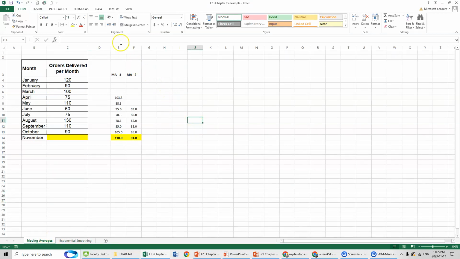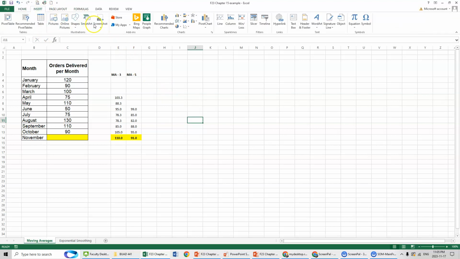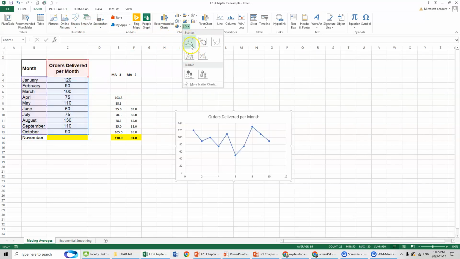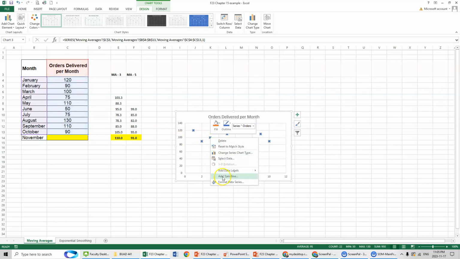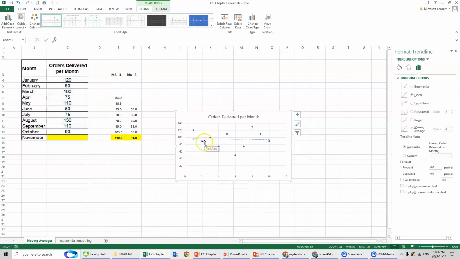One thing we always want to do when looking at data is graph the data. So let's highlight our data and insert a scatter diagram. We can see here that it's going all over the place, that there is really no trend. We can actually add a trend line, and it's almost perfectly horizontal.